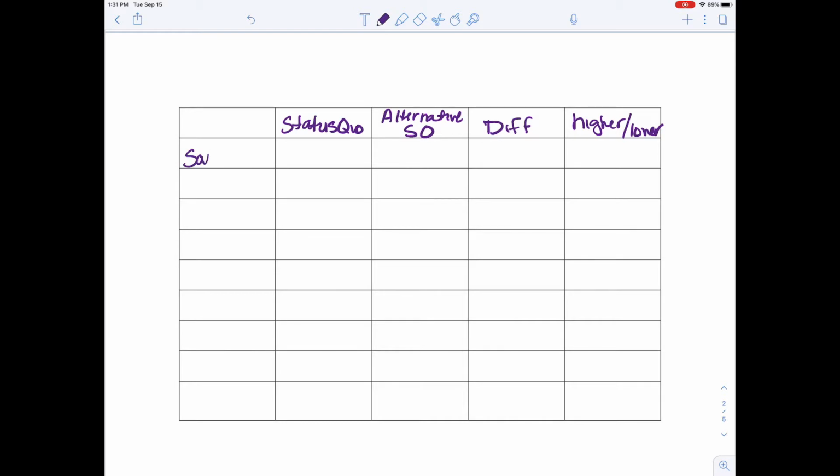So we'll look at our sales. We'll look at all of those variable costs, which include those direct materials, labor, and our variable overhead. That's going to give us our contribution margin.